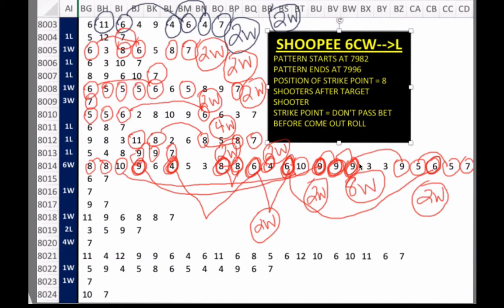Let's see. From this 9, we already got that. So I think we've covered this entire series of rolls as far as all of the wins we can extract out of that. And have a look at this sheet and tell me what you see as far as both patterns and opportunities for betting.